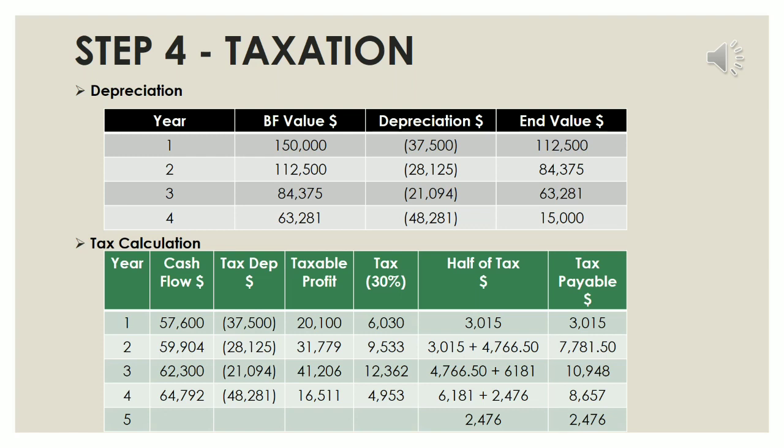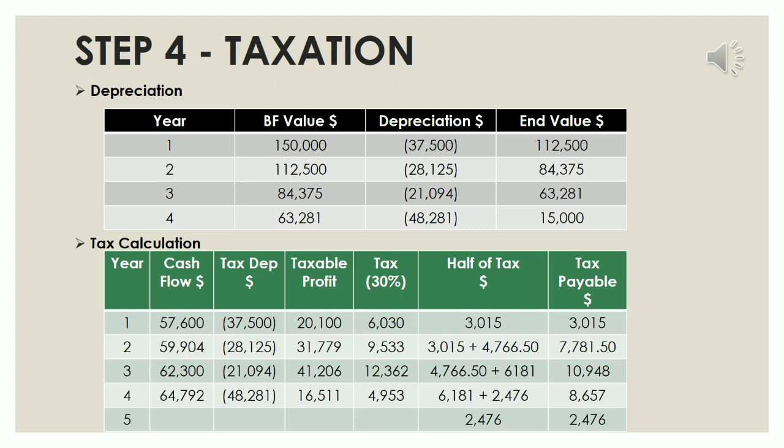It's time to calculate the taxation. We are going to calculate the taxation through this chart method. This chart will consist of a year column, cash flow column, and tax depreciation column. The tax depreciation amounts will be carried forward from the depreciation chart.